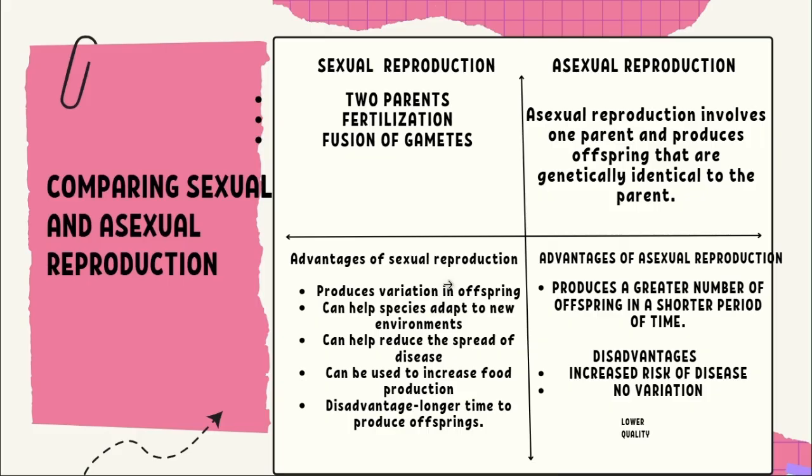Then that plant does asexual reproduction and produces 20 other plants that cannot fight off the disease. At the end of the day, all of them are going to die, because the parent is no good and all of them are no good either, since all of them have the disease. So that is why variation is so important.